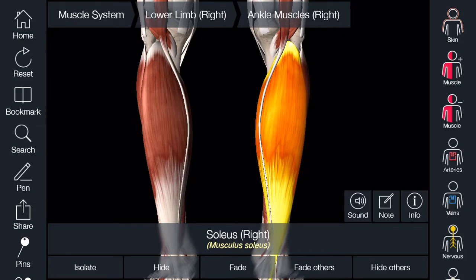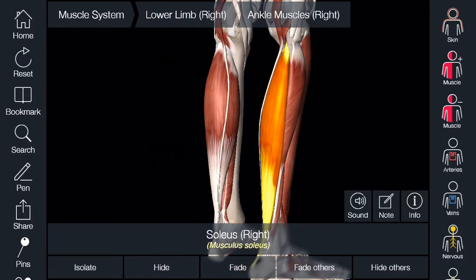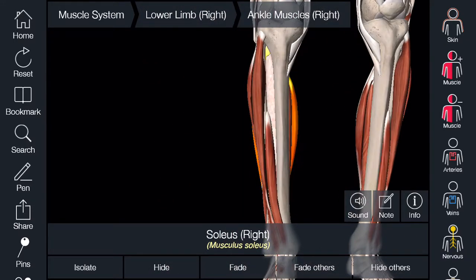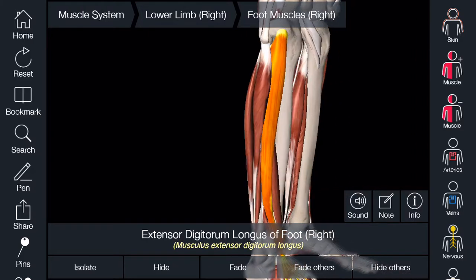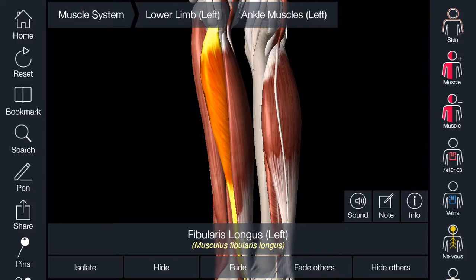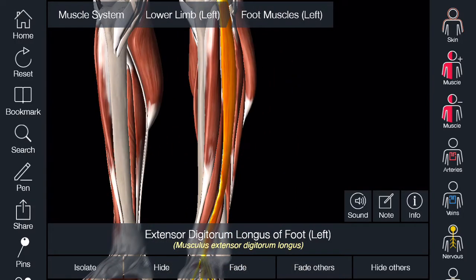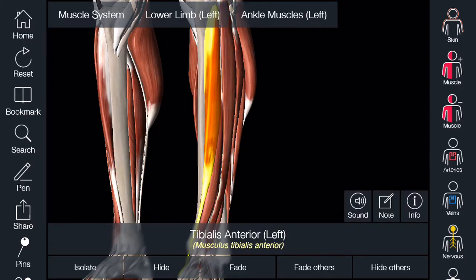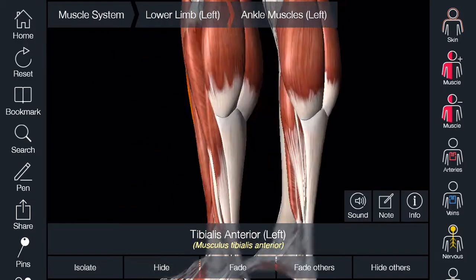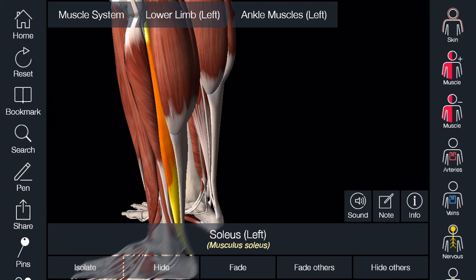Next, we have tibialis posterior. Your tibia is the big one. So your tibialis posterior, where is that? Fibularis longus. Let me add a layer of muscle. There it is. There's the tibialis anterior, but I need the posterior. Soleus.